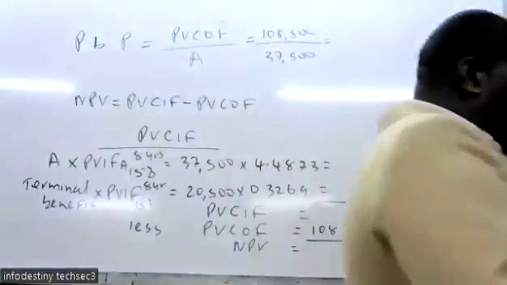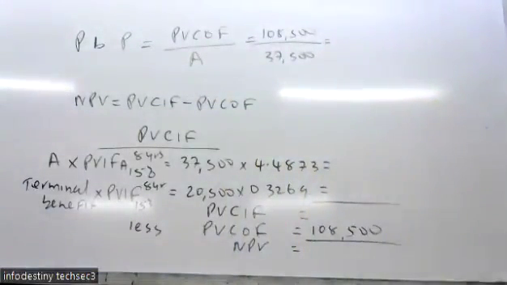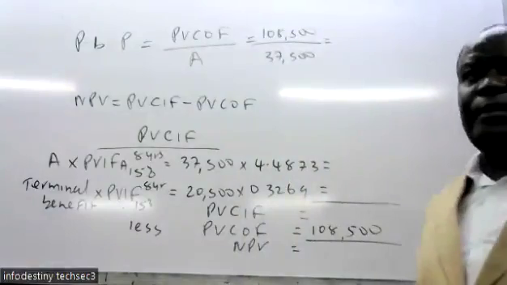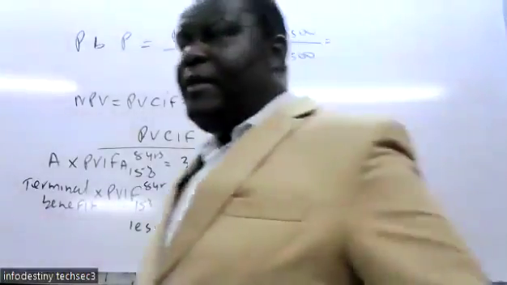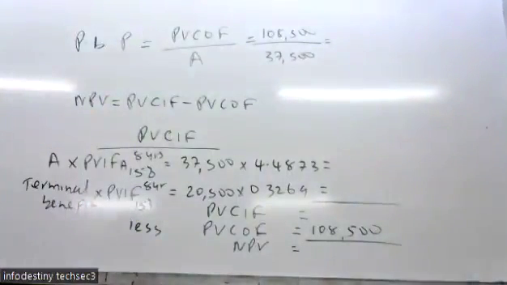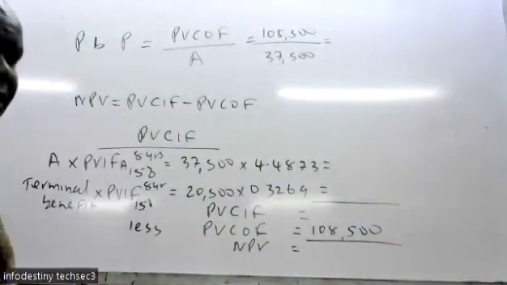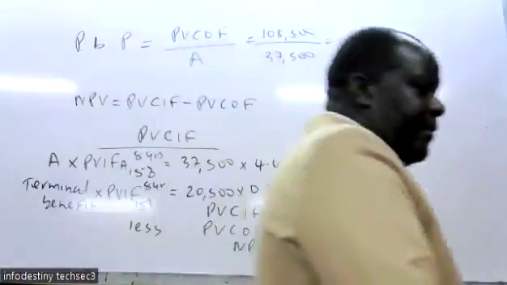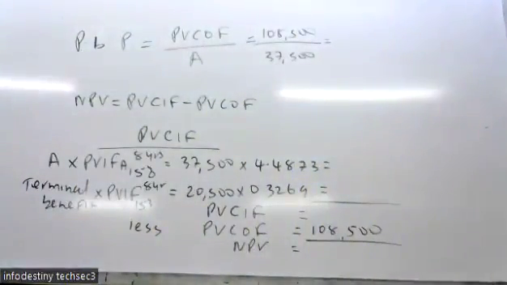So once you get the net present value, we also got Roman letter iii. Roman letter iii is the IRR.